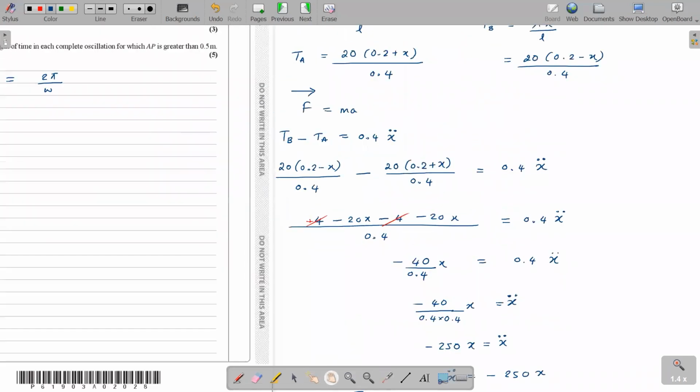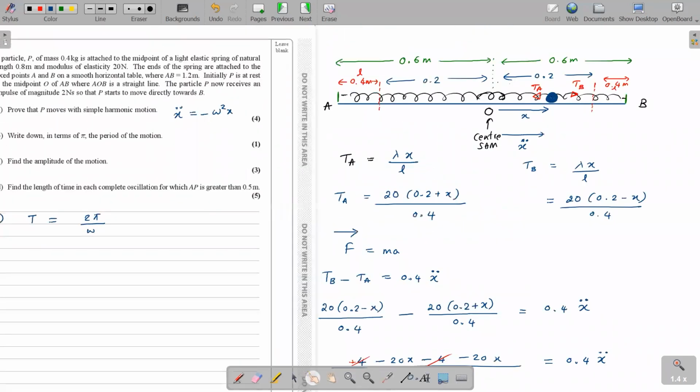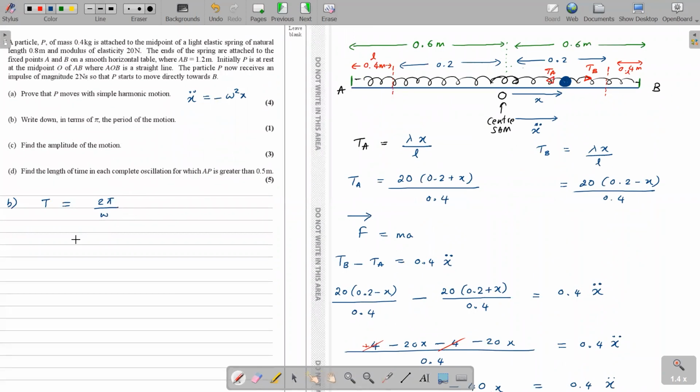So omega is the square root of 250. So 2 pi over the square root of 250. Okay, this is your periodic time.